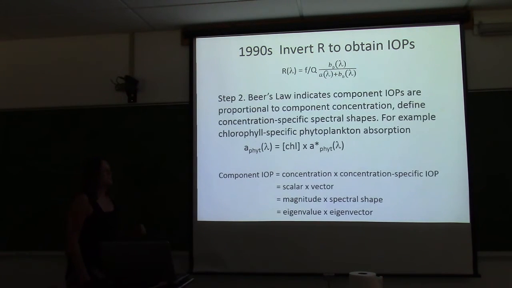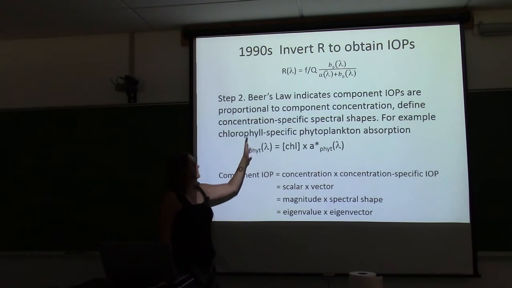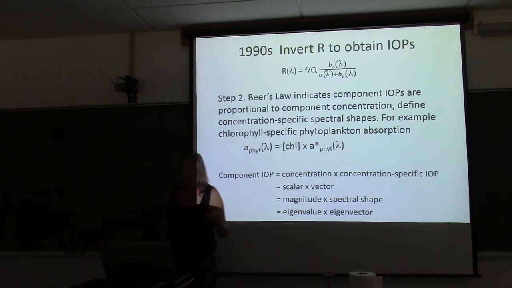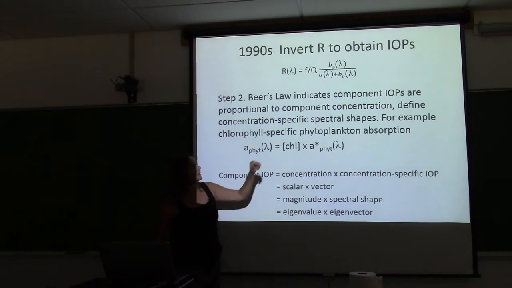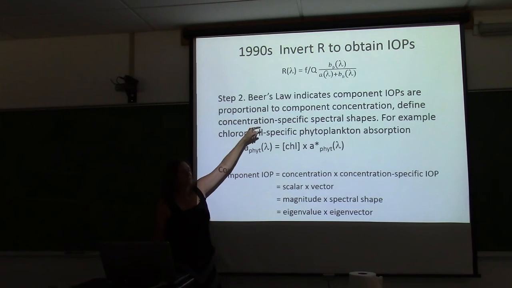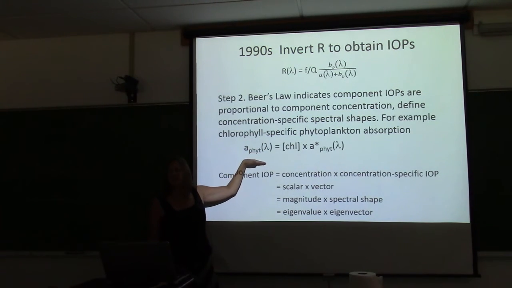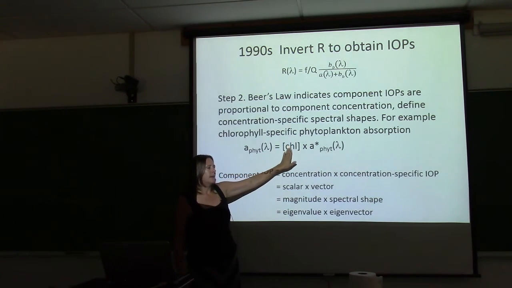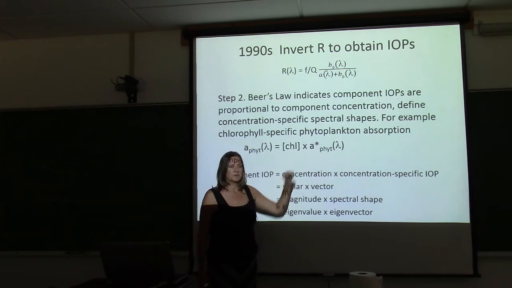Step 2 is recognizing that one of the outcomes of Beer's law is that the component IOPs are really linearly proportional to their concentration. And so what that means is that if you're interested in phytoplankton absorption, or any component, you can define a mass-specific absorption coefficient.